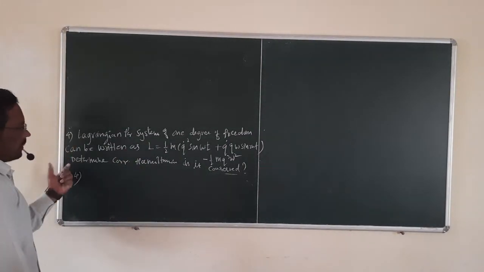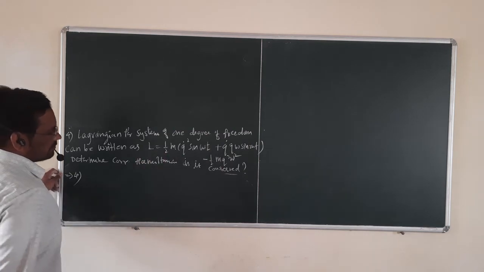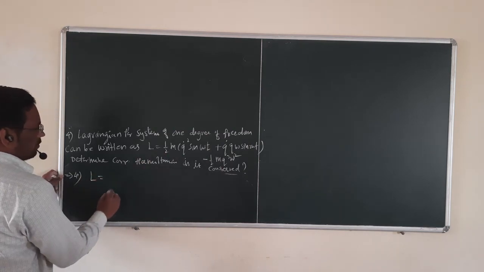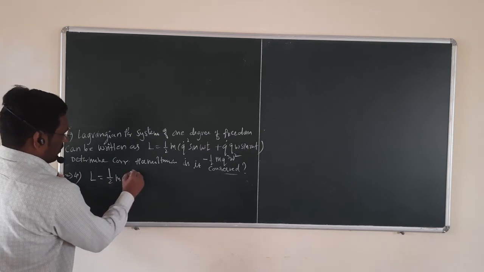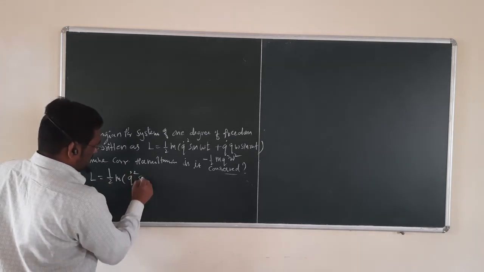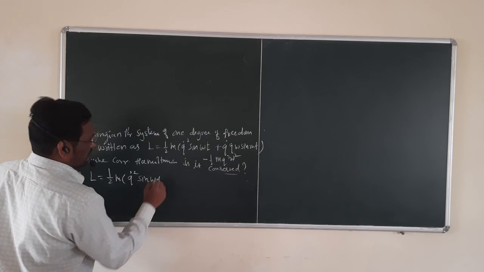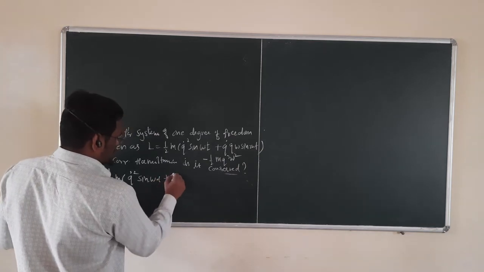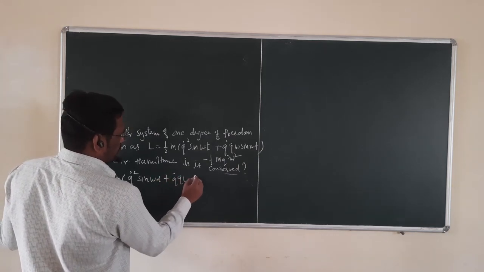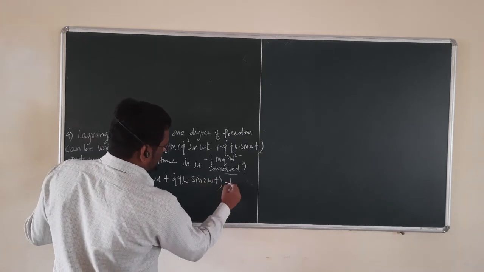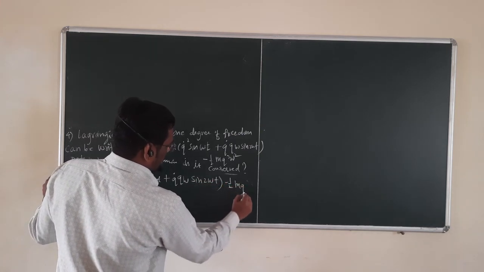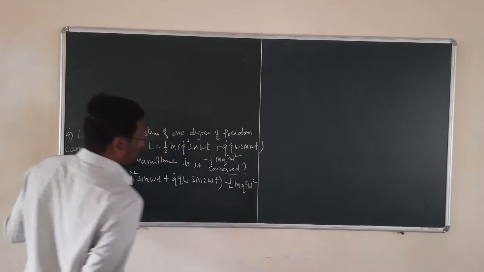So first of all, the Lagrangian is this: L equal to 1 half m q dot squared sine omega t plus q dot q omega sine 2 omega t minus 1 half m q squared omega squared. Call this equation 1.